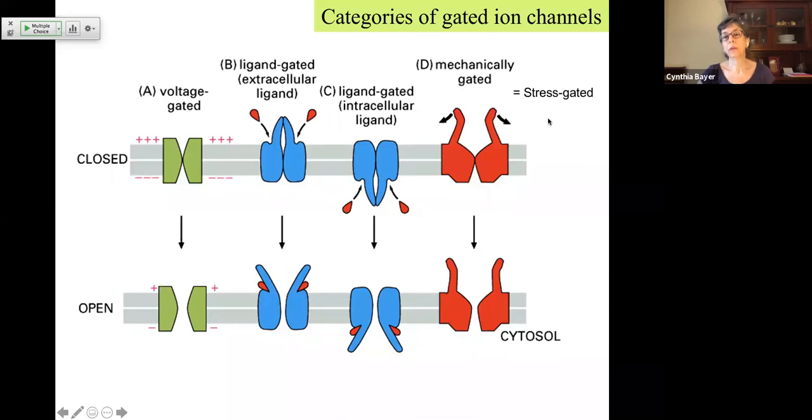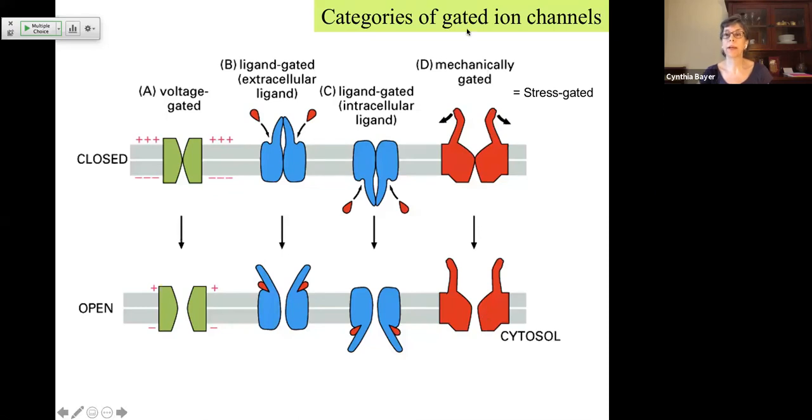A third class of gated ion channels is what we call mechanically gated. Again, the closed state is one conformation of these proteins within the membrane, but a stress, a mechanical force upon one region of this protein, can cause it to become open.